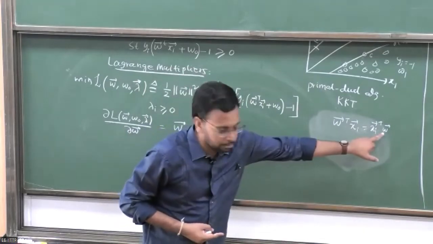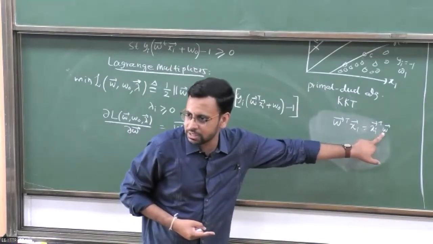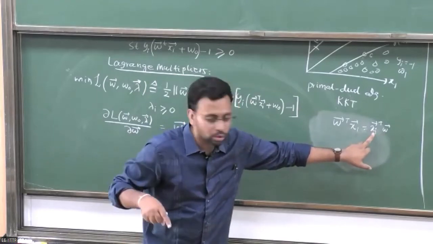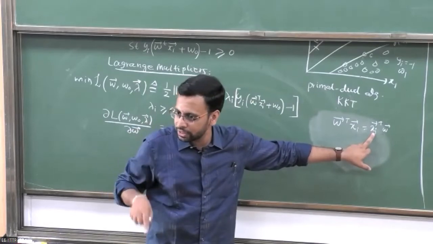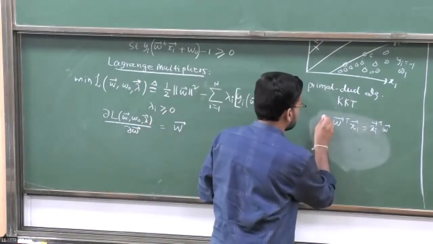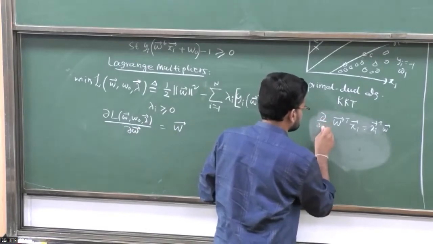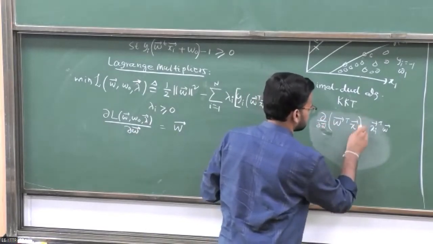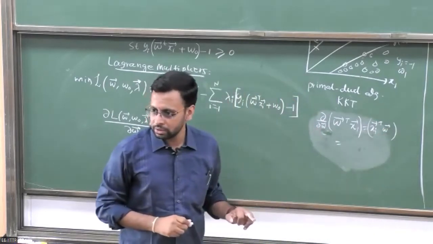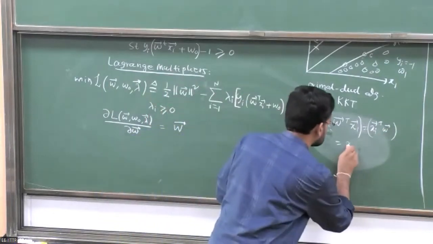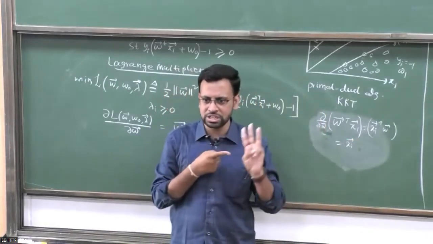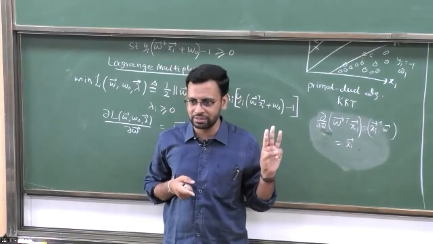Now, if I am taking the derivative of this with respect to W1, W2, W3, only the X1, X2, X3 components would remain there. So the derivative of this will be, what is that value? Can you tell me? Very good, Xi bar. I mentioned three things, and they should be hardwired for you.